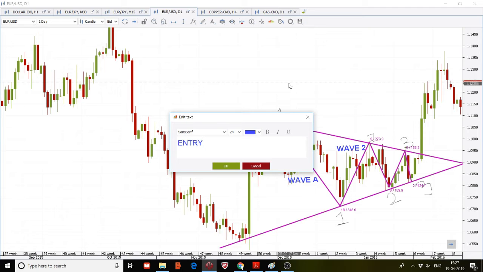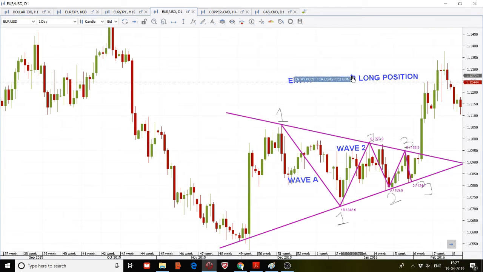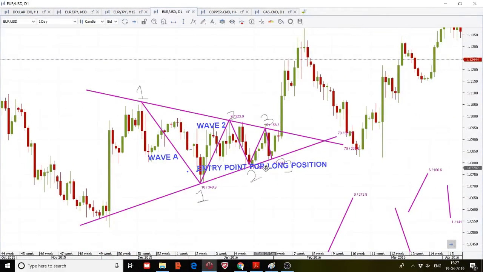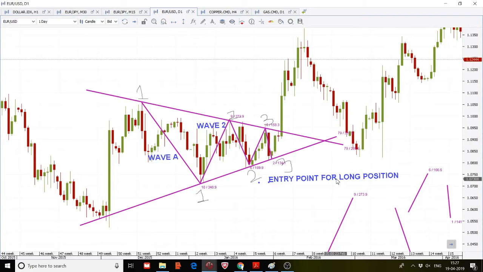Why I am making some twist is just to reduce the stop loss. You can use this as soon as you get the third point touch. This will be your entry point for the long position.